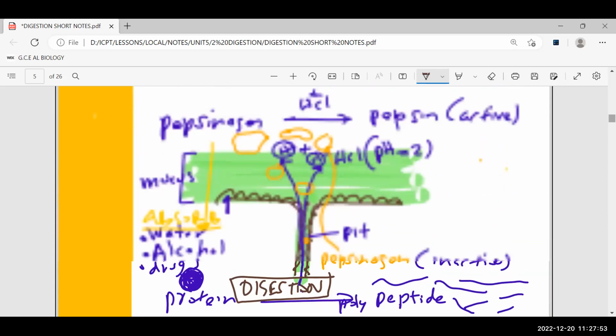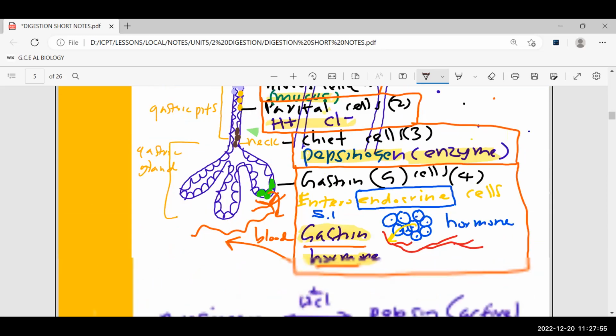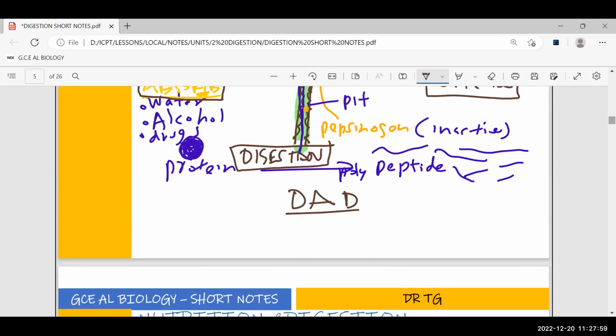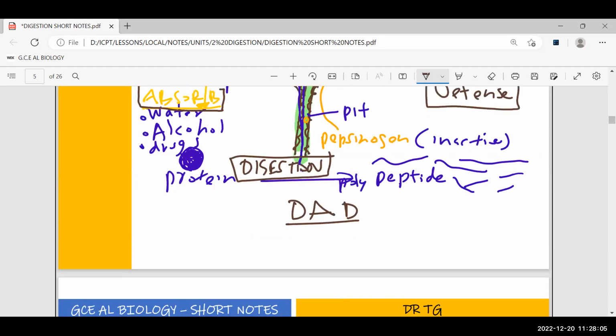Okay, then the last thing of the stomach: control. Some of the control systems of the stomach. One control system we have to learn here is the function of the hormone gastrin.